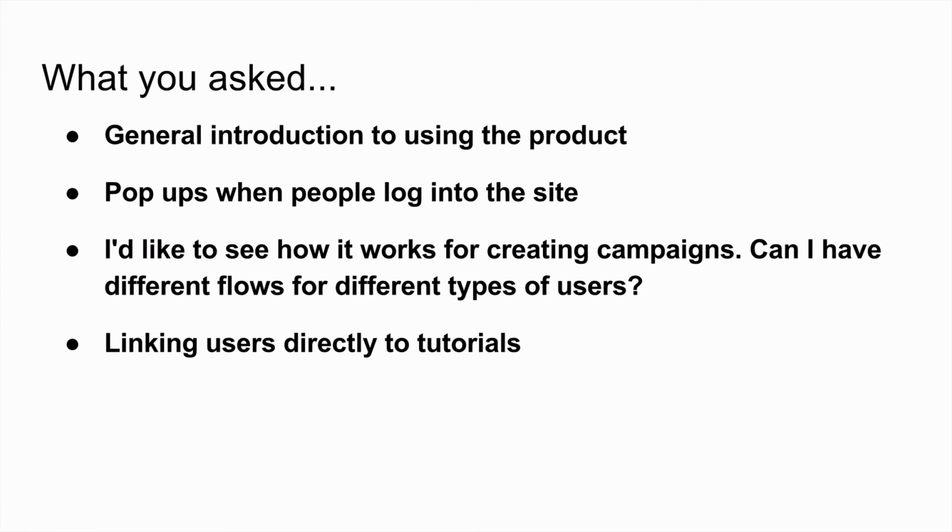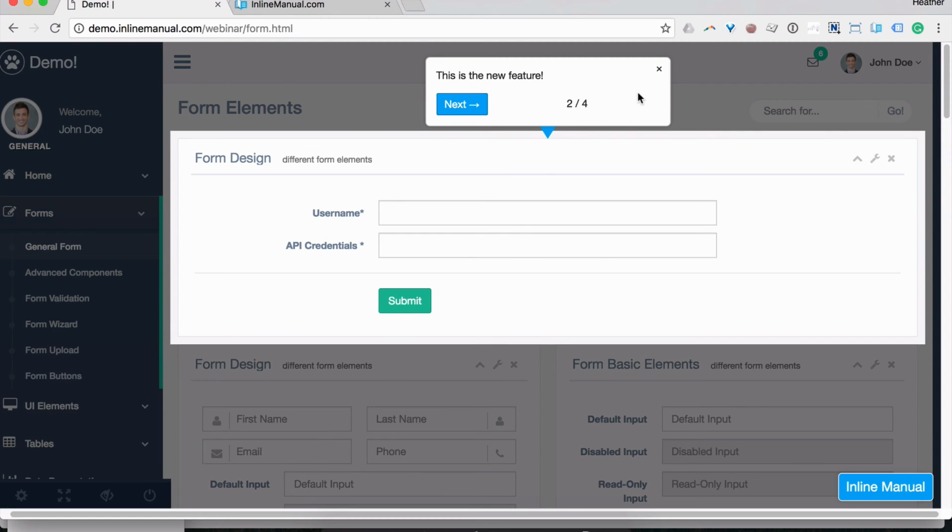And you'd like to see how it works for creating campaigns, different flows for different types of users. And again, this would be using the auto launcher to segment and make sure different types could be either by role or by plan, and you could show them different content. And then linking users directly to tutorials. So that is, all right, so can we conditionally skip some steps?